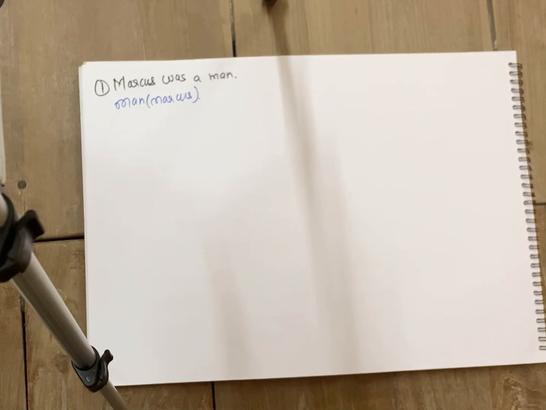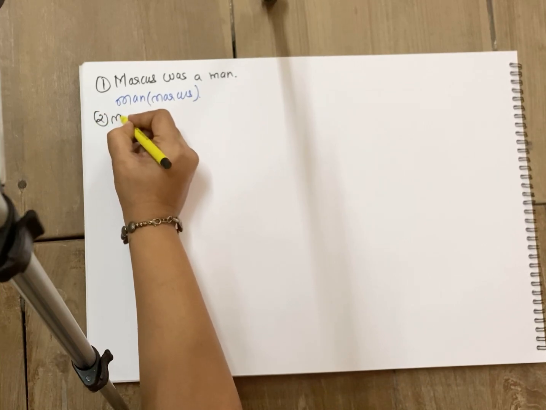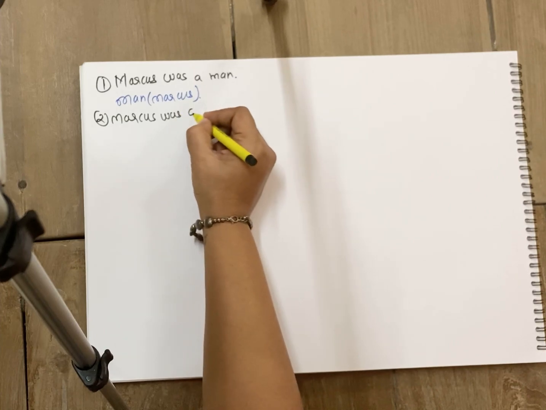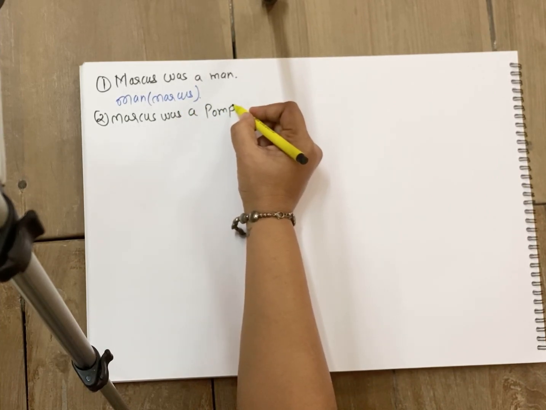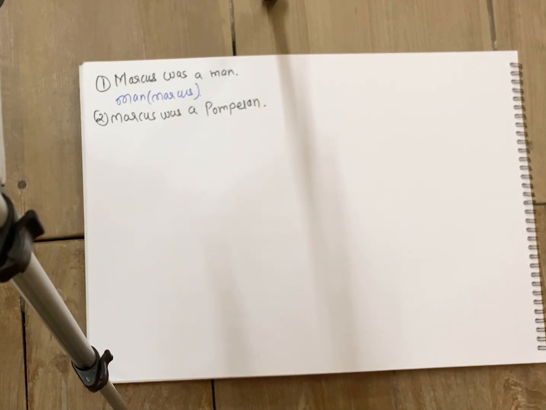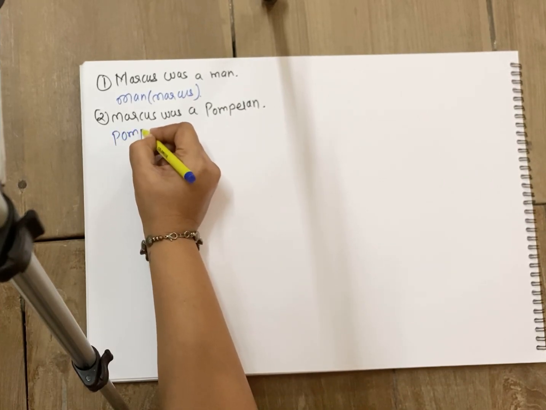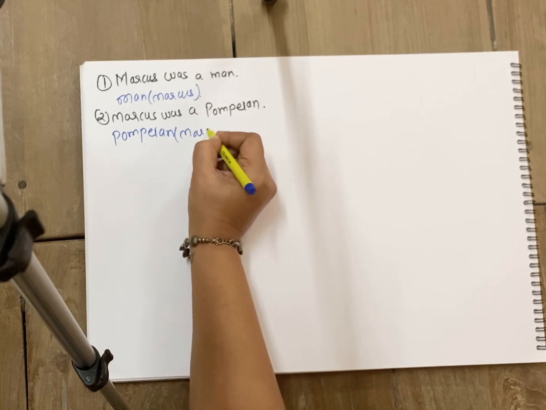The second statement says Marcus was a Pompeian. So here the generalized term we use is Pompeian, and here it is Marcus.